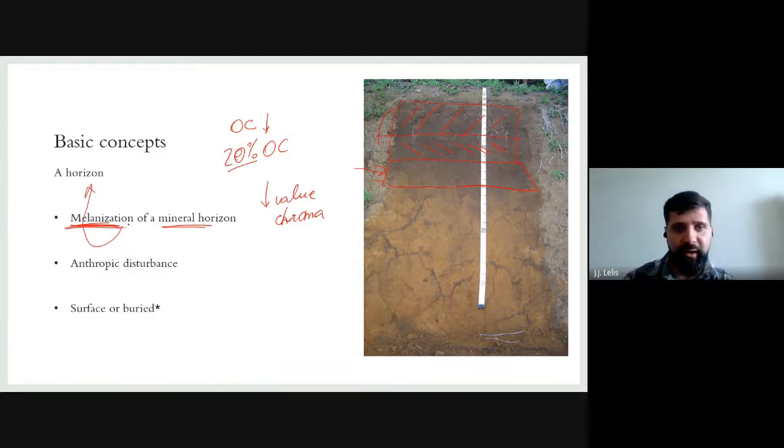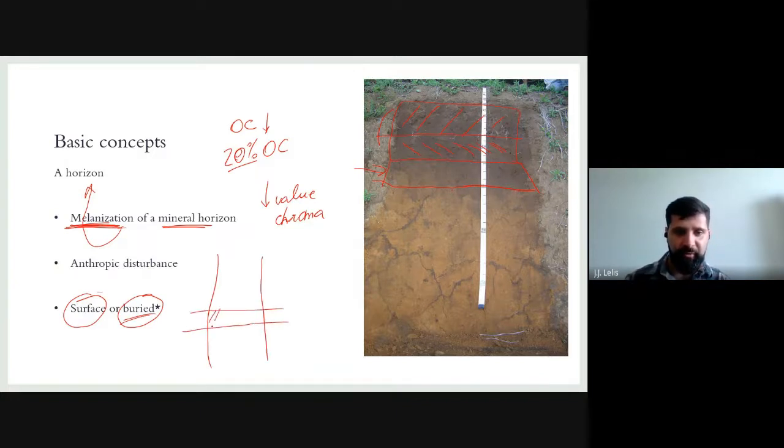It's just a point that I have to highlight: it is always identified on the surface, but sometimes it will be buried. When a dark horizon is identified in the subsurface, imagine that I have here a dark horizon, and here I have another horizon.